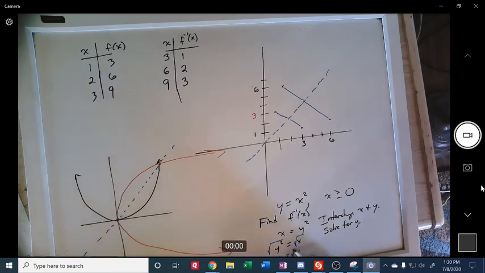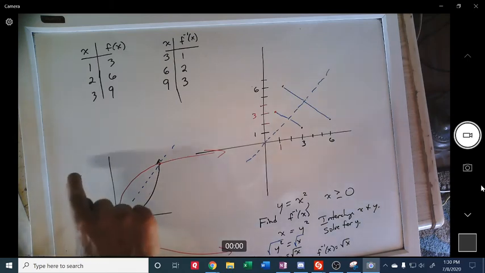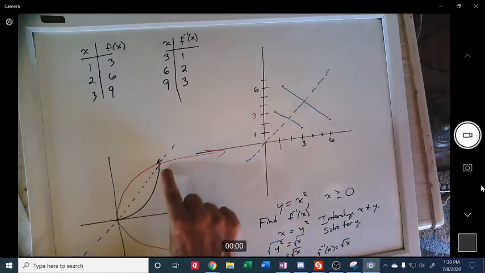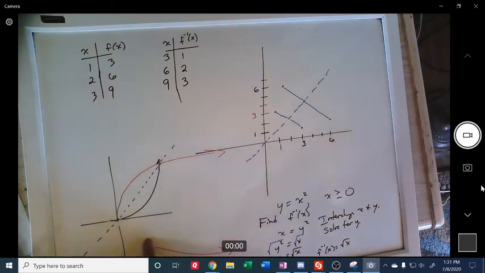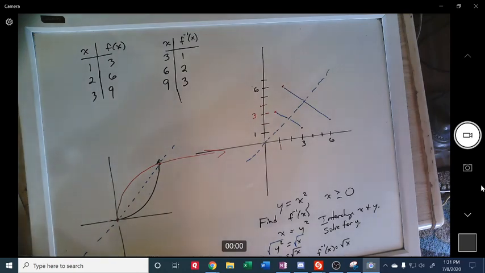So y equals square root of x. I'm just going to get the positive sign and then replace the y with f inverse of x, which is the square root of x right here. So what's happening there is we restricted the domain to here, and that restricted the inverse to here, and now the inverse is a function.